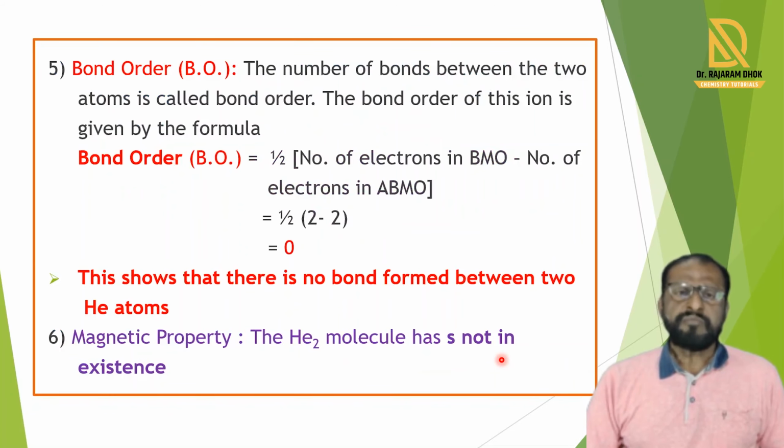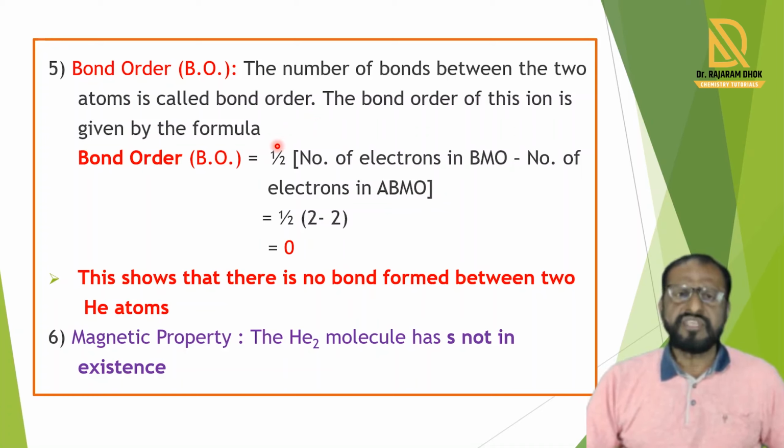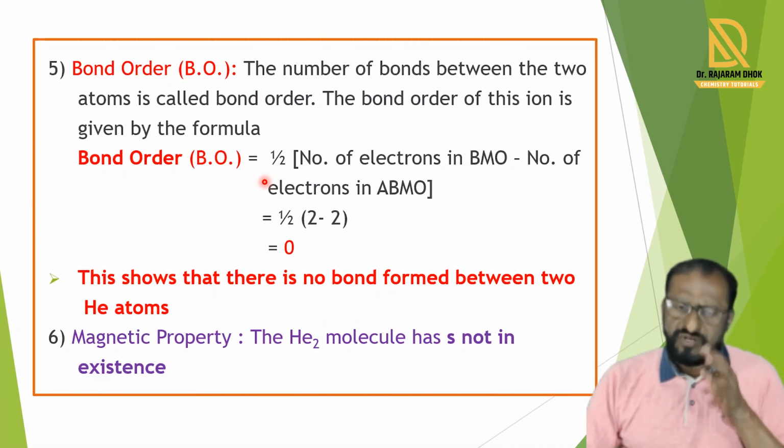Now, the fifth point is bond order. The number of bonds between two atoms is called bond order. The bond order of the He2 molecule is given by a simple formula: one half times the number of electrons in bonding molecular orbitals minus the number of electrons in anti-bonding molecular orbitals.